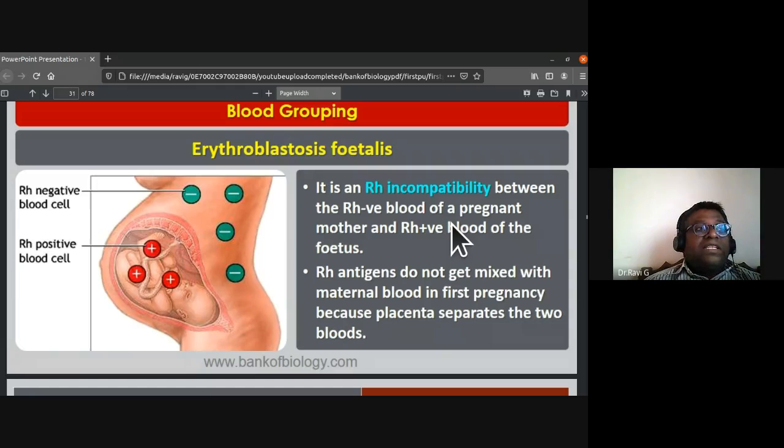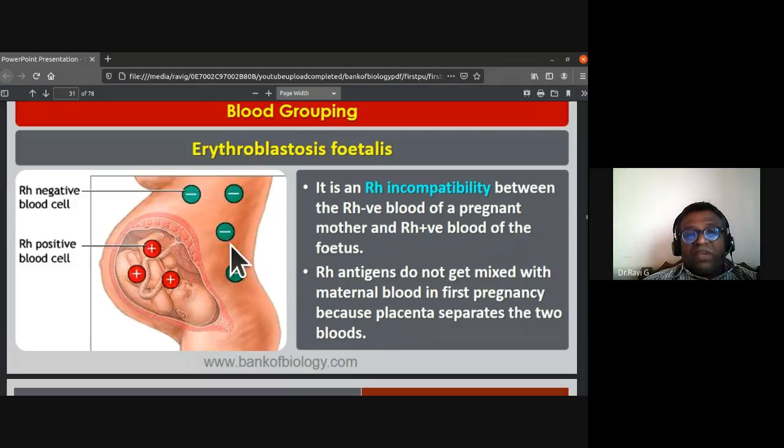Okay, so the Rh negative factor, you should remember that if a woman has that, in the first pregnancy there wouldn't be any complications. The second pregnancy is where the complications arise, and that is because of what I have explained now.